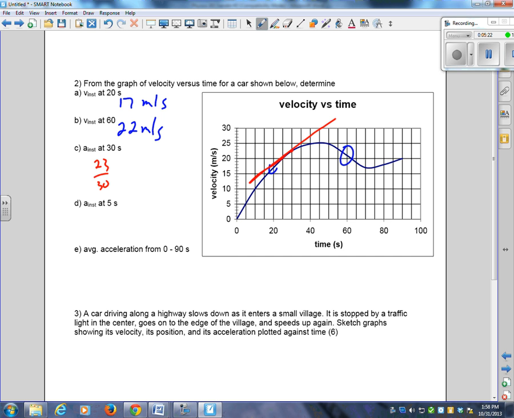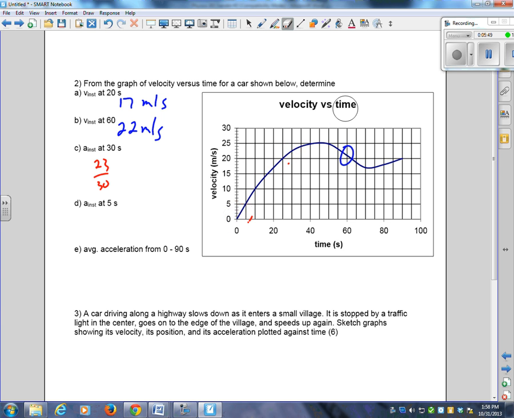You do not find the slope of the line just by taking the y-coordinate divided by the x-coordinate. That only works when it goes through 0, 0. Mr. Bennett, that one goes through 0, 0. Why doesn't it work? It's not a line, that's why. Is that what you're going to say? Sort of. Yeah. It's not a line.